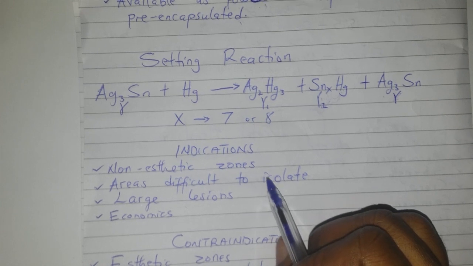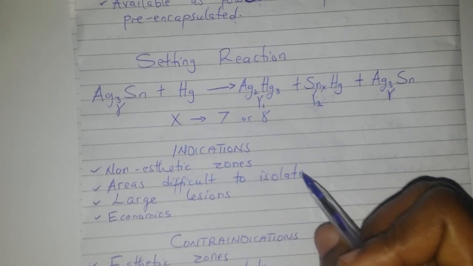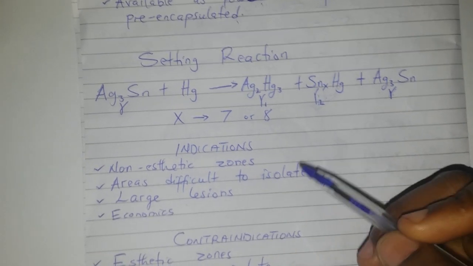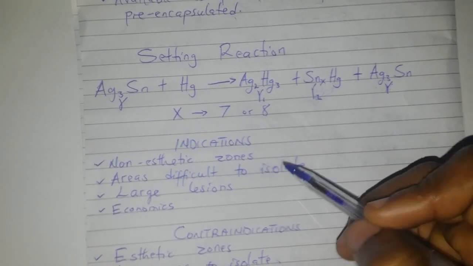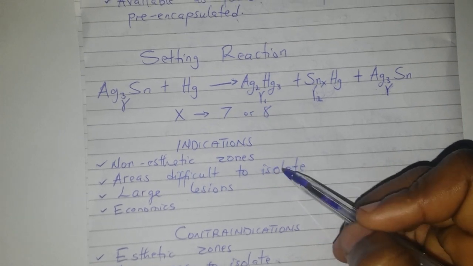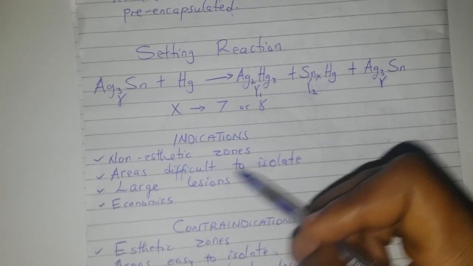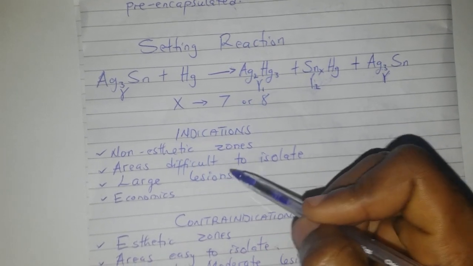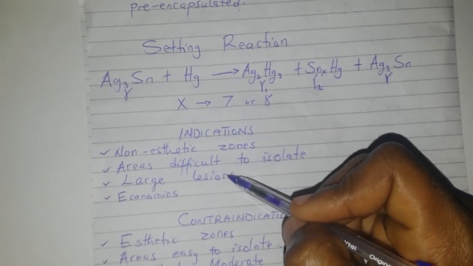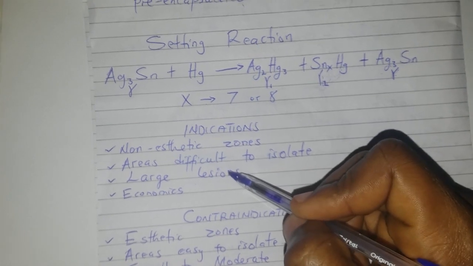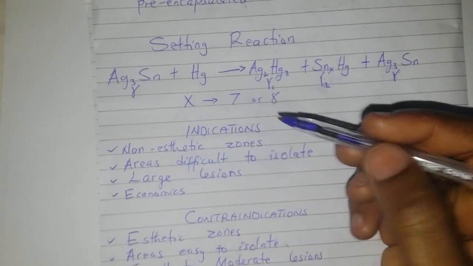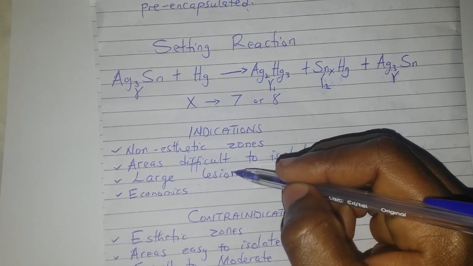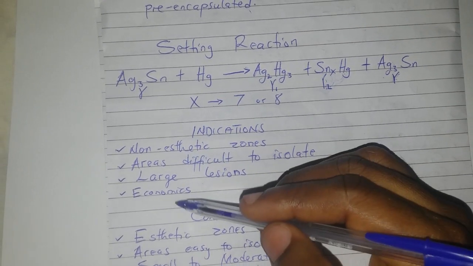And areas difficult to isolate. When you're dealing with class 5 lesions, you can opt for amalgam because amalgam is not as technique sensitive as newer materials such as composites. Large lesions: when you're dealing with large lesions, you can opt for amalgam because amalgam requires the removal of a large amount of tooth tissue, so if this large amount of tissue is already gone, dental amalgam can be used.